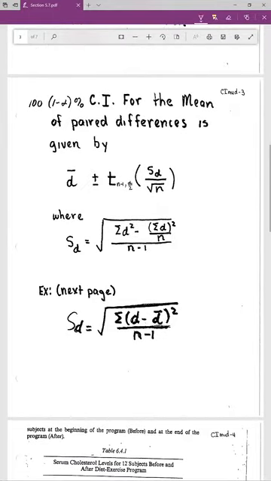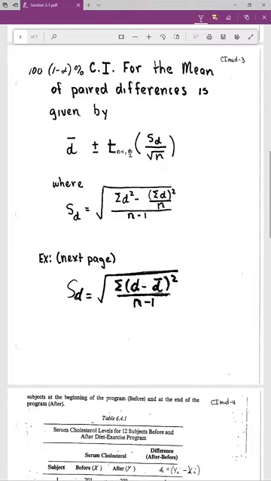So if we're going to be constructing a 100 times 1 minus alpha % confidence interval for the mean of pair differences, we're going to use the formula of d bar plus or minus t with n minus 1 comma alpha over 2 times the standard deviation of d over the square root of n.